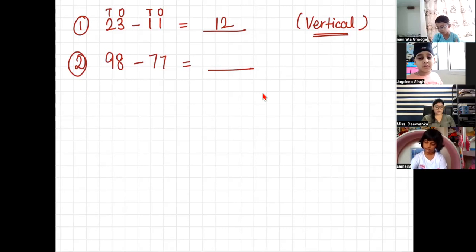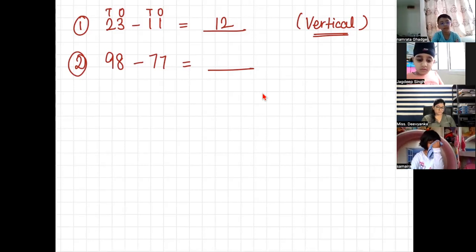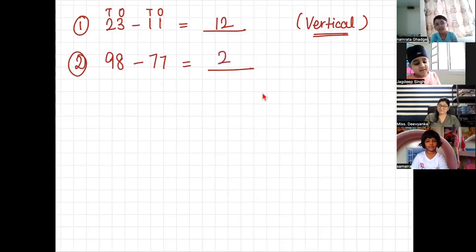Okay. What about others? What are your answers? 21. Okay. And Ayansh? Ma'am, same answer. Should I write here same? No. What's the number? 21. Thank you. The answer is 21.